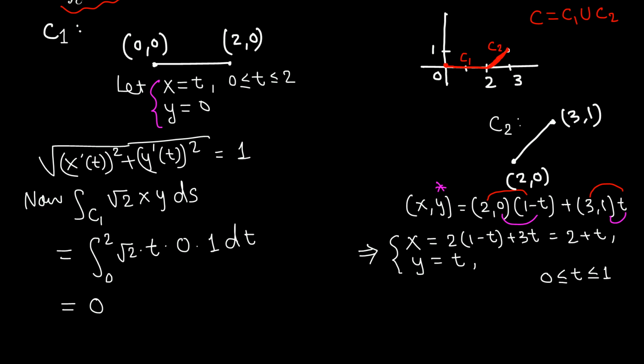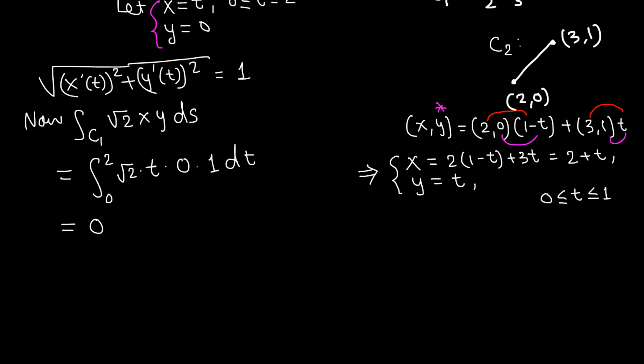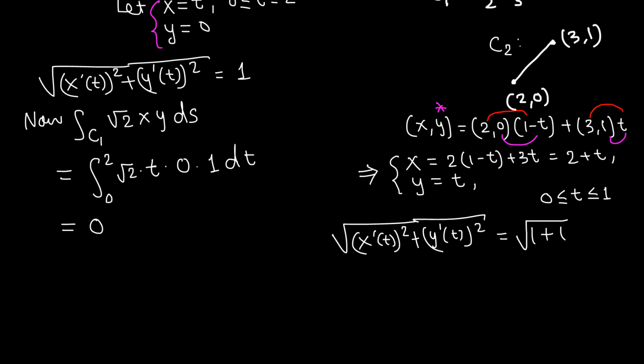So let's work on this segment now, C2. Again, we need to find this quantity, (x prime of t) squared plus (y prime of t) squared, which is the derivative of 2 plus t with respect to t, because this is x, 0 plus 1, 1 squared is 1, plus the derivative of y, which is t, is 1, so 1 squared, just 1, and 1 plus 1 is just root 2.